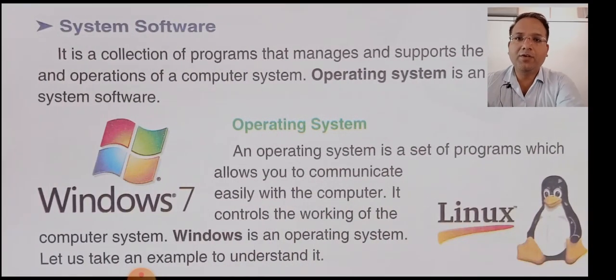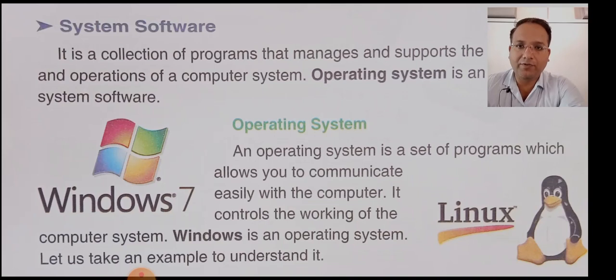So firstly we are going to discuss system software. System software works like a resource manager in our computer system. It means it manages all the hardware and software of the computer system.